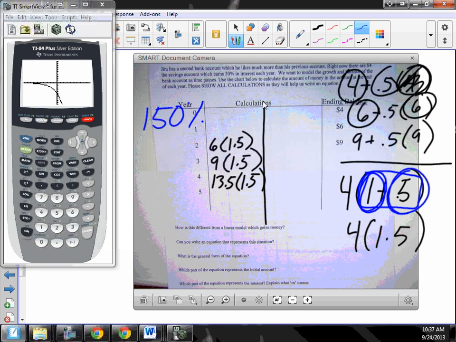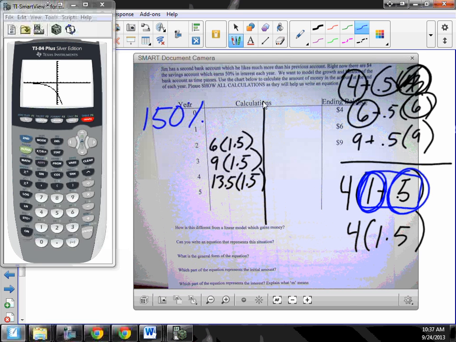Meaning, we keep everything from last year, and we increase by 50%. So if the number was 1.6, what would that represent? How much would that be increasing? You would have 160, but you're only gaining 60%.